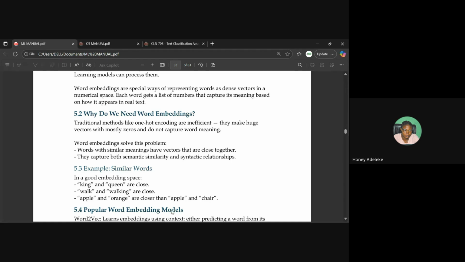And syntactic relationship. So those are the reasons why we need to understand word embeddings.